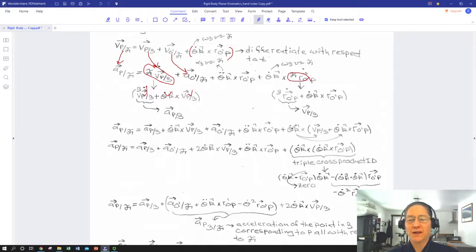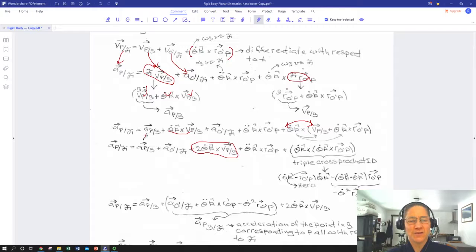And then we're going to end up with another one of those triple cross products where we've got angular velocity crossed into angular velocity crossed into our O prime P. So we're going to start by just looking at this product. We're going to end up with a second omega cross velocity of P within reference frame B, and that'll add to this one, so we end up with two of these in our final expression.